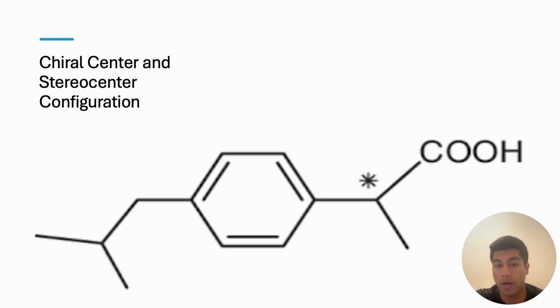So according to the Cahn-Ingold-Prelog priority rules, the carboxylic acid group has the highest priority. The benzene ring with the isobutyl substituent is second, the methyl group is third, and hydrogen, which has the lowest atomic number, is fourth. And so when we place hydrogen in the back, the sequence from 1, 2, 3 goes clockwise, which gives us an R configuration.